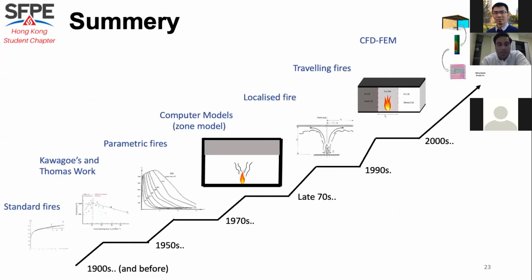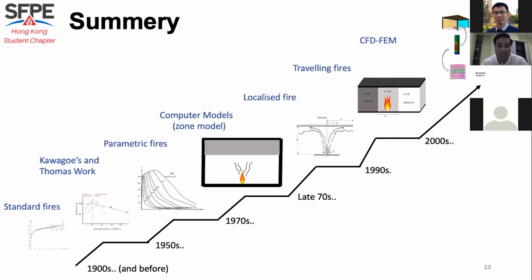So let me summarize what I discussed so far. The fire models suggested in the early 1900s were standard fires, but they only show increasing temperature. They're not talking about the decay phase. So we needed some changes there.